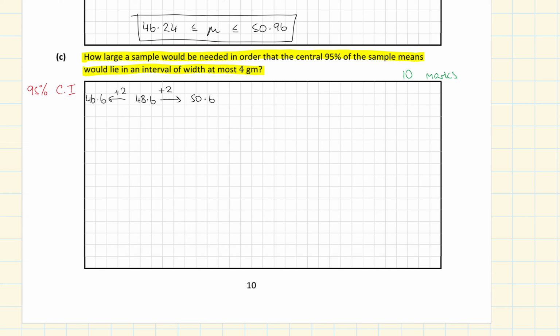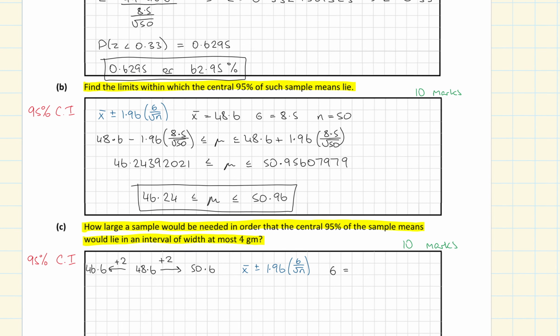And we'll sub into our formula now, and our goal is to solve for n. So as always, the formula stays the same. And then we've just 2 criteria here to set up. We can run both at the same time, but really you only need to run one of them. So standard deviation hasn't changed. That's still 8.5.